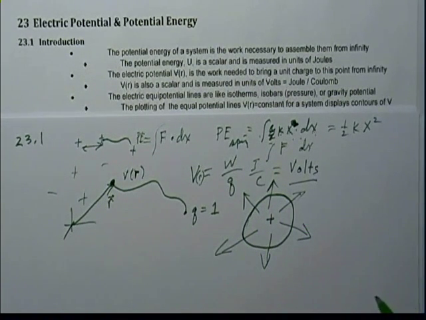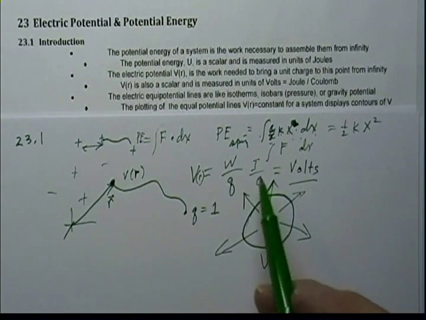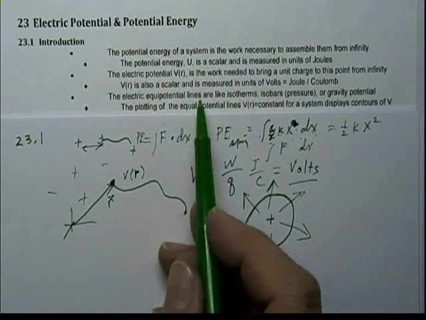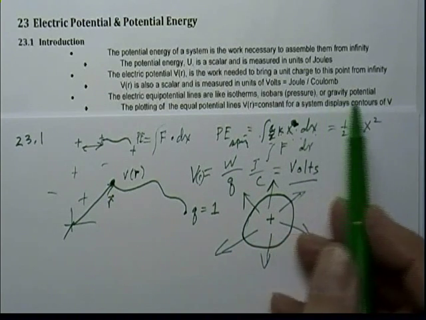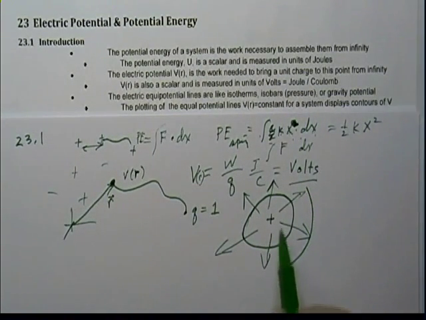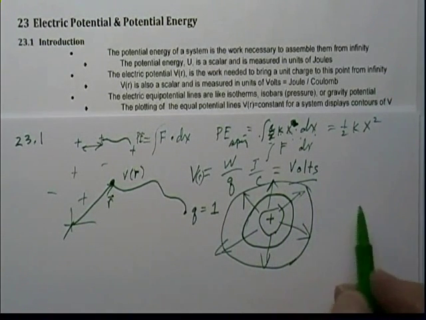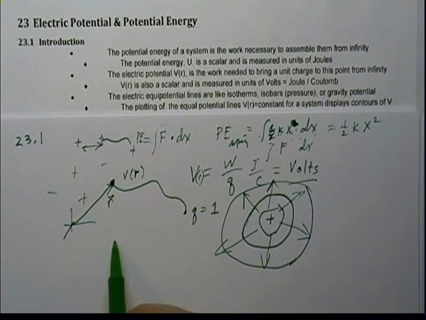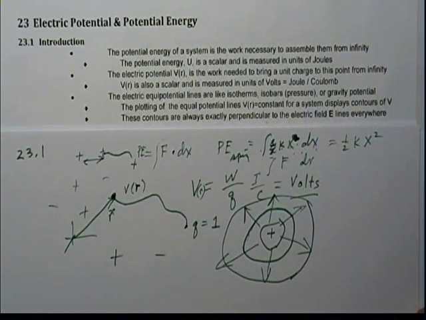It's of equal potential in the same sense that we would have for gravity. It means you can walk on this line and not do any work. That's why we say it's an equipotential line. Now, these equipotential lines are like isotherms and isobars for the weather. We'd have another one here, another one here. They go all the way around. And if we have equal potential lines for positive and negative charges, then it becomes more complex, as we'll see.